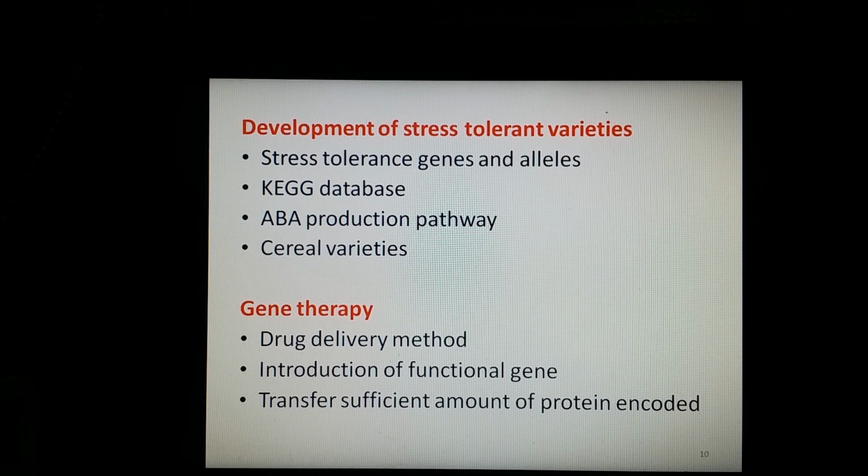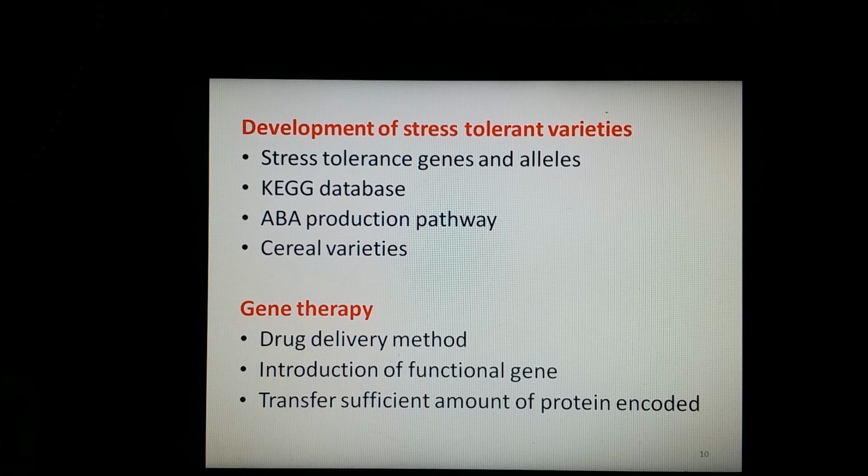Then there is KEGG, the KEGG database. It contains basically all the metabolic pathways, like the pathways for carbohydrate production and the genes in the ABA production pathway. You know that ABA is abscisic acid, and the genes involved in the ABA production pathway are important for the development of drought resistant varieties.